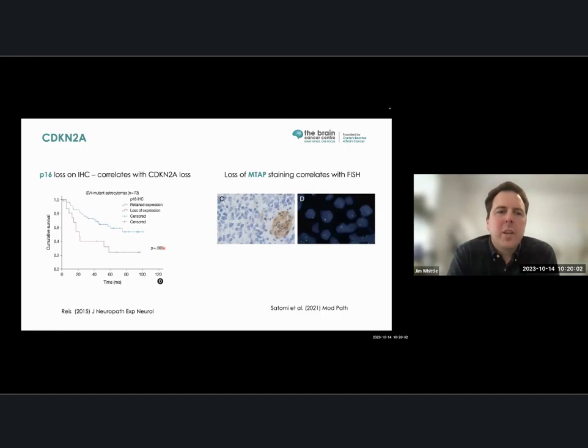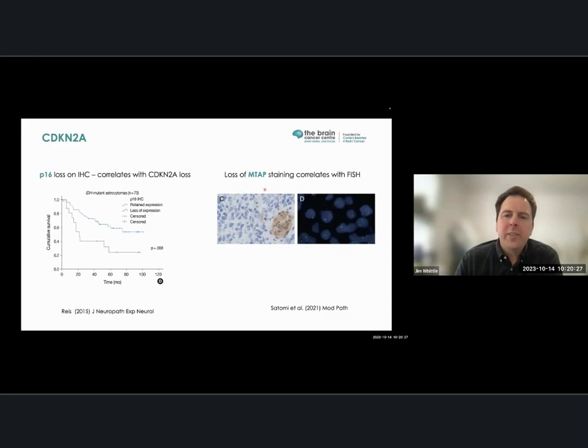Now, often CDKN2A FISH or other sequencing options are not available within pathology departments, but there are a number of good surrogate immunohistochemistry stains. Some of these are also used in our department at the Royal Melbourne Hospital, where looking for P16 loss on IHC correlates very nicely with CDKN2A loss, as you can see on the left panel.